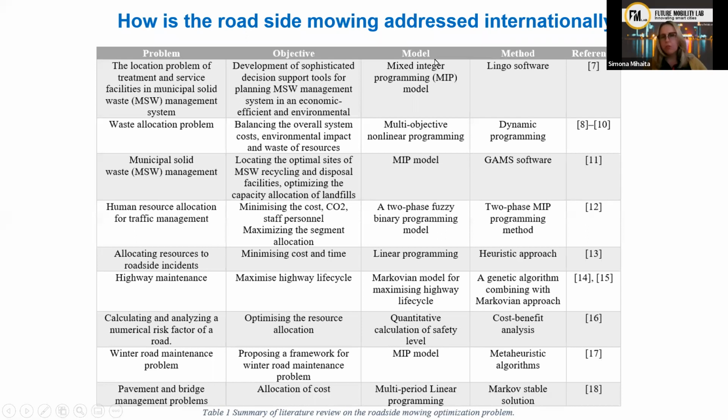Various models are being deployed and are being in use. Either we're talking about mixed integer programming models. Some people use multi-objective nonlinear programming. Some people actually use two-phase fuzzy binary model and so on. The Markovian models as well have been used for this type of issue and highway maintenance.